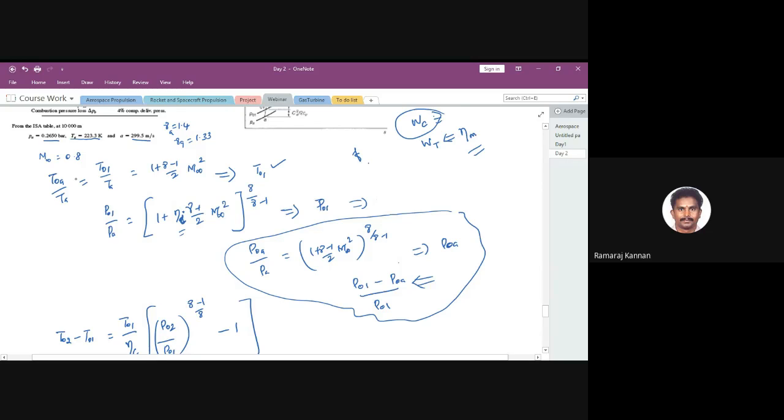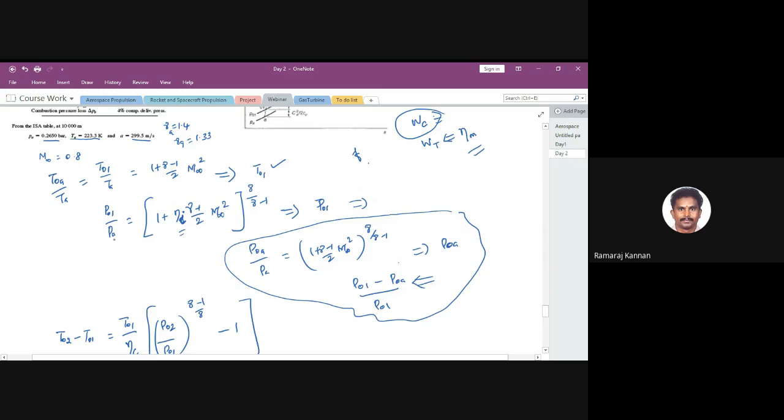Adiabatic means T0A is equal to T01. That's why I can write it as T01 by Ta, so I can get the T01 here.